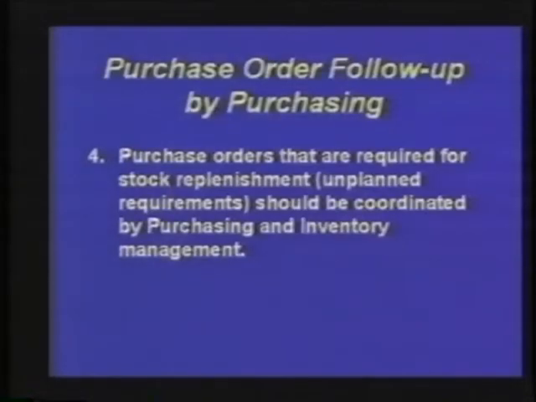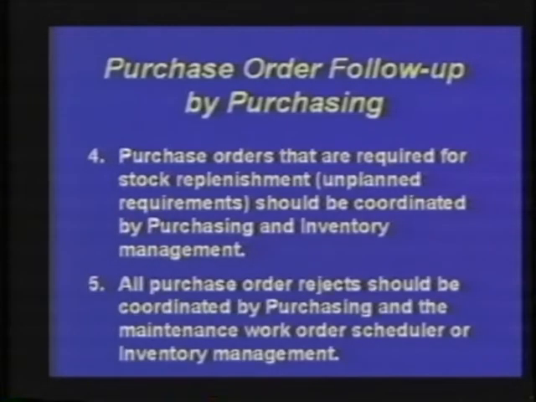If the items are for unplanned requirements as identified in item number 4, then that has to be coordinated to the storeroom or the inventory management group. And likewise, item number 5, any rejects that could affect planned maintenance work orders would have to be coordinated between the planner, scheduler, and inventory management.